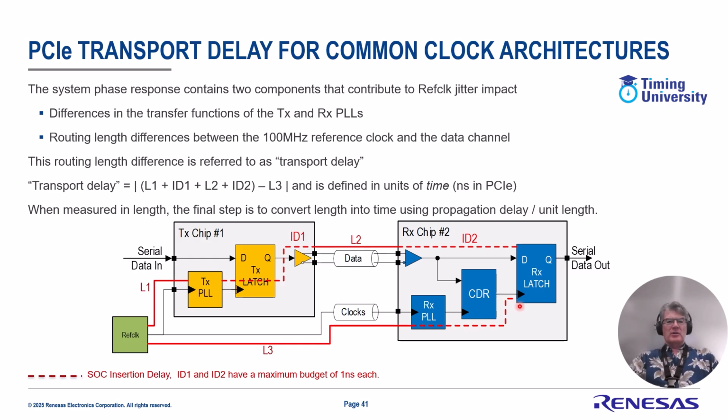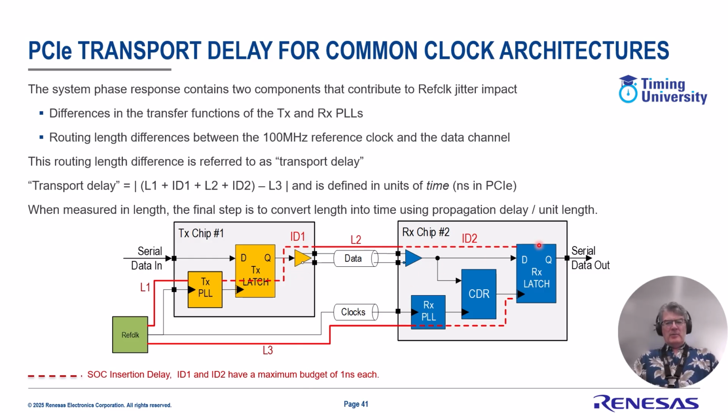Now, I'm using a single value of ID1 and ID2 because the spec is basically giving us the difference between data and clock internally to the chip. So we only need one value, knowing that it's worst case of 1 nanosecond for each chip.